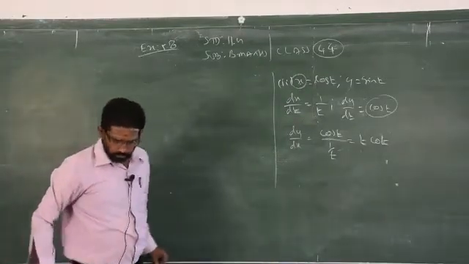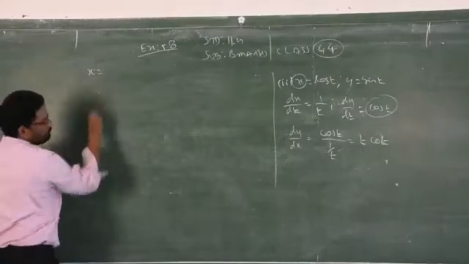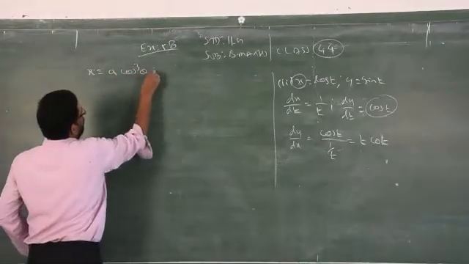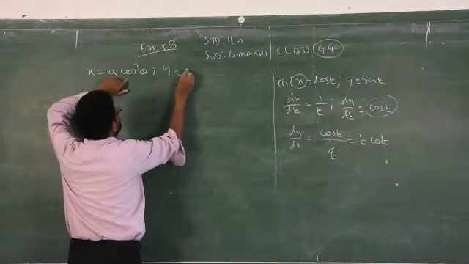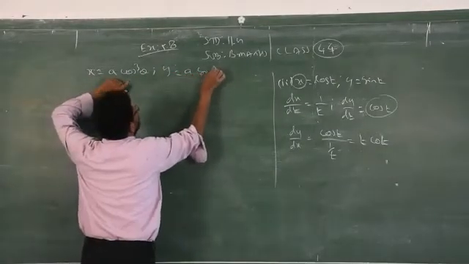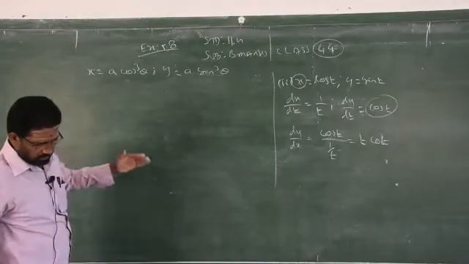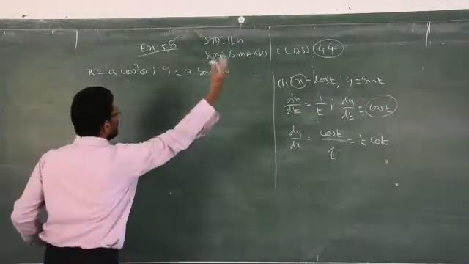Now the third subdivision of the same Roman number is very simple. X is equal to a cos cube theta. Normally x stands for only cos theta, y always stands for sin theta, because x is called adjacent, that is x-axis, y is called opposite side, that is y-axis.